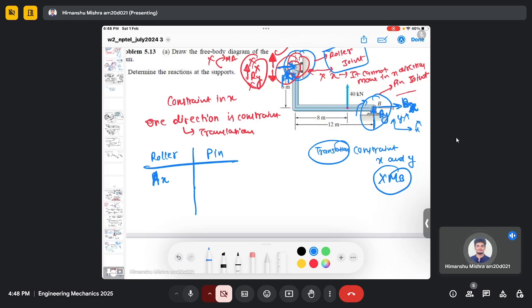But in the pin joint, it can only rotate, but it cannot translate in any direction, so you have both reaction forces Bx and By. It cannot have Ay, and it cannot have a reaction moment because it can move in those directions. Similarly, it cannot have a reaction moment at point B. Right? Now with this information, we can make a free body diagram.